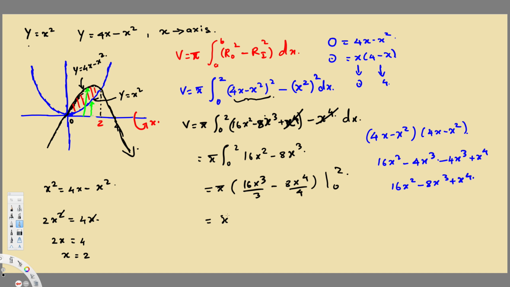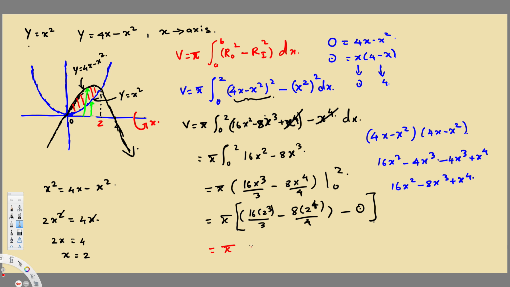So first, if we plug 2 for this one, this is going to be 16 times 2 cube over 3 minus 8 times 2 power 4 over 4 minus, if we plug 0 for this function, all of them are going to be 0, because 16 times 0, that's going to be 0, 8 times 0, that's going to be 0, so we can just write 0 right here. And then let's simplify this one, maybe use a different color.